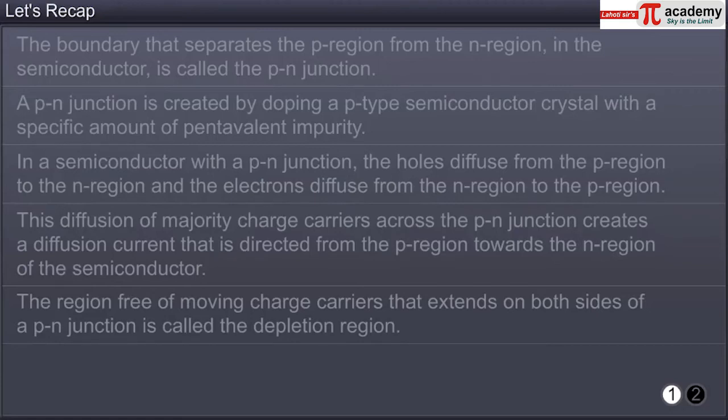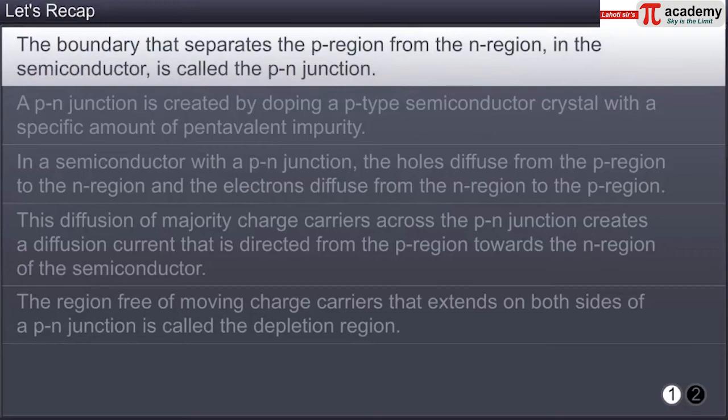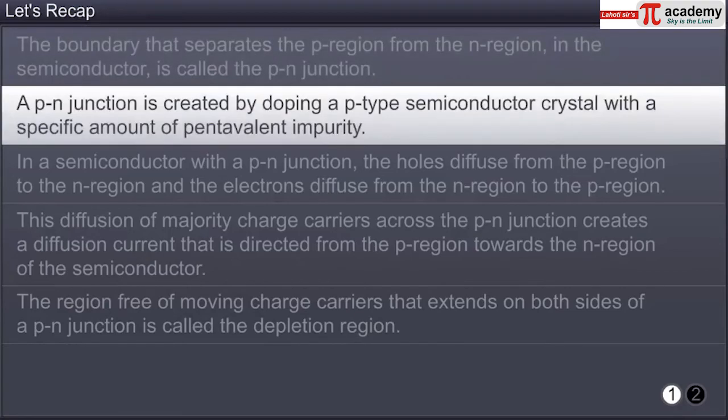In this module, you have learned that the boundary that separates the P region from the N region in the semiconductor is called the p-n junction. A p-n junction is created by doping a p-type semiconductor crystal with a specific amount of pentavalent impurity.